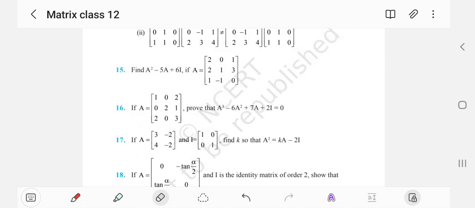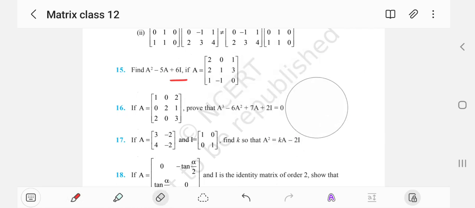Then minus 5A is nothing but the multiplication of A matrix with the scalar minus 5. We are already given the A matrix, we will multiply it with minus 5 and we get minus 5A, right? Then 6I, that is multiplication of 6 with the identity matrix.